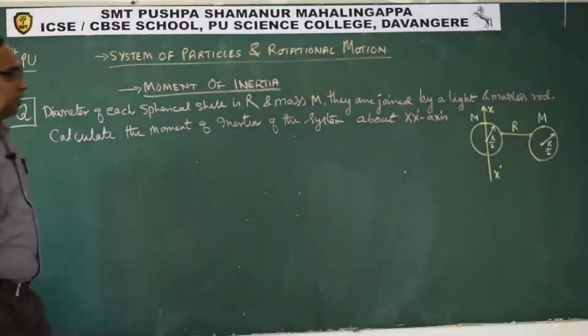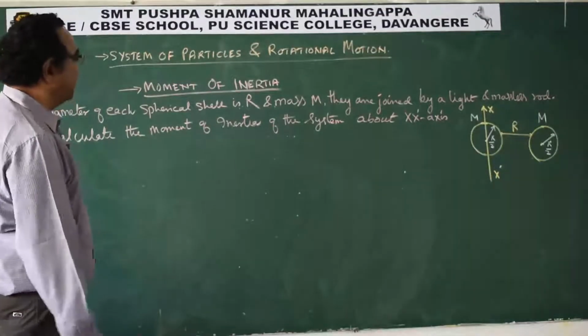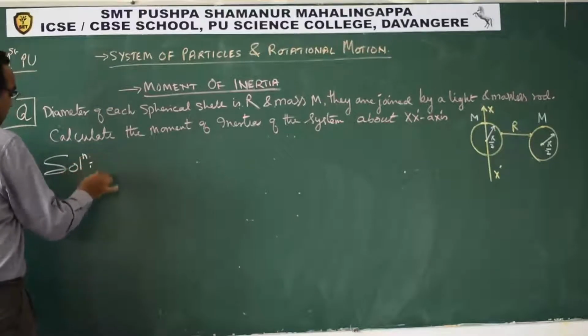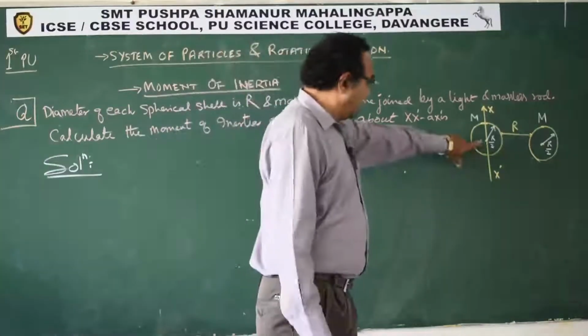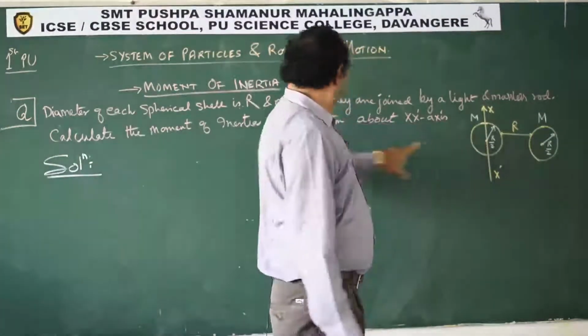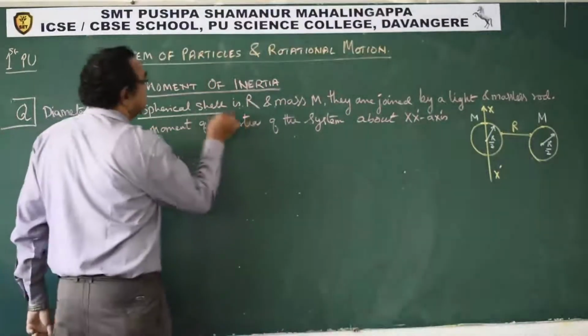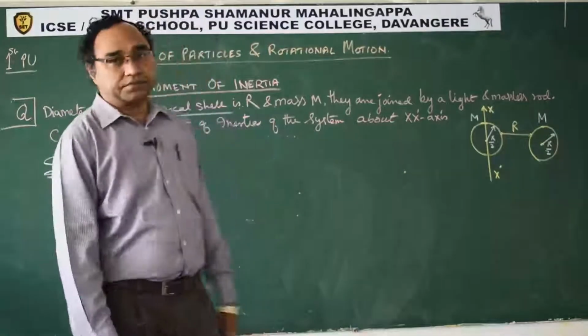They are joined by a light massless rod. Calculate the moment of inertia of the system about x dash. It is passing through the center of this spherical shell. A spherical shell is a hollow sphere.